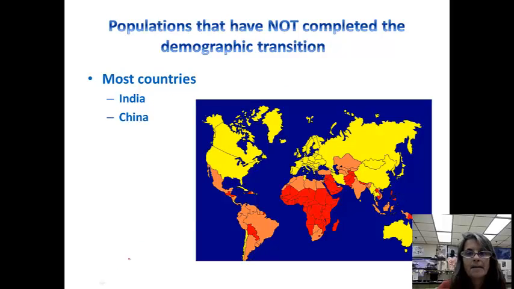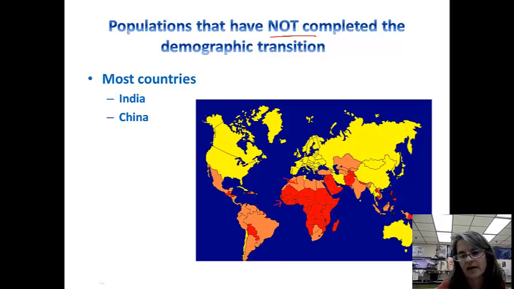Now, many countries have not completed that transition yet. Most countries, if you look here, well, I won't, most might be extreme, but in the red and the orange, here are countries that have not completed the transition, but are in the early stages of it, or have not.